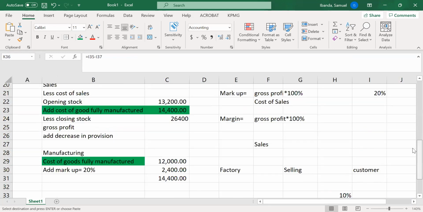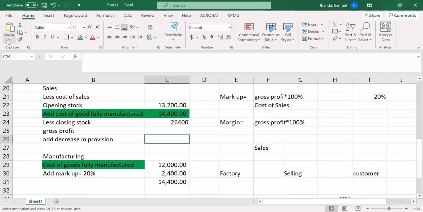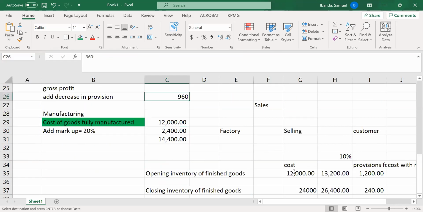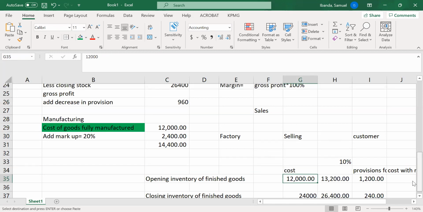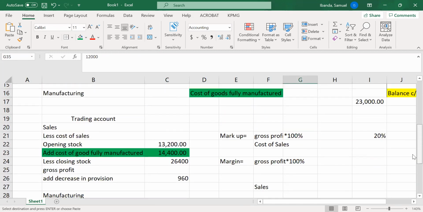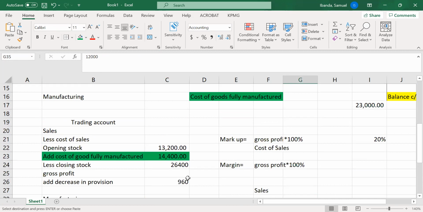So in case it was an increase in provision, maybe where my opening stock was less than this, then that will be reflected here. So I believe that you get the concept. Okay.